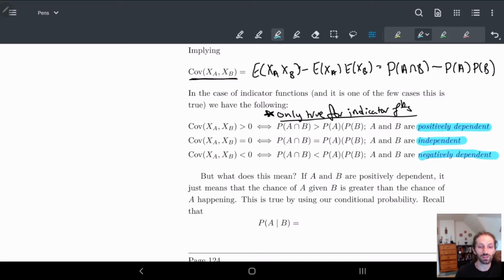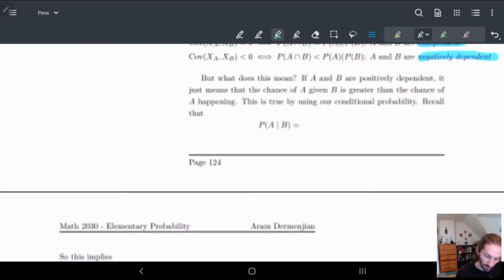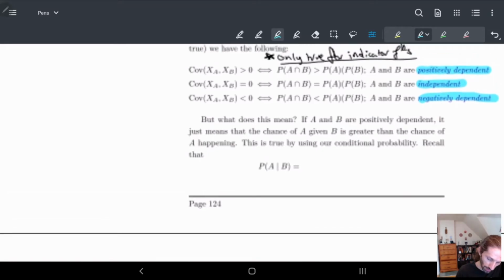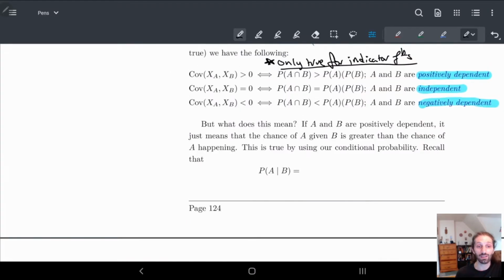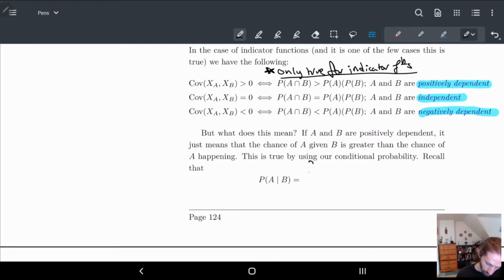Now, what does this really mean? Where is this coming from? So let's actually look at this. If we look at A given B, if you recall, this is equal to P of A and B divided by P of B. This is the thing we had seen.